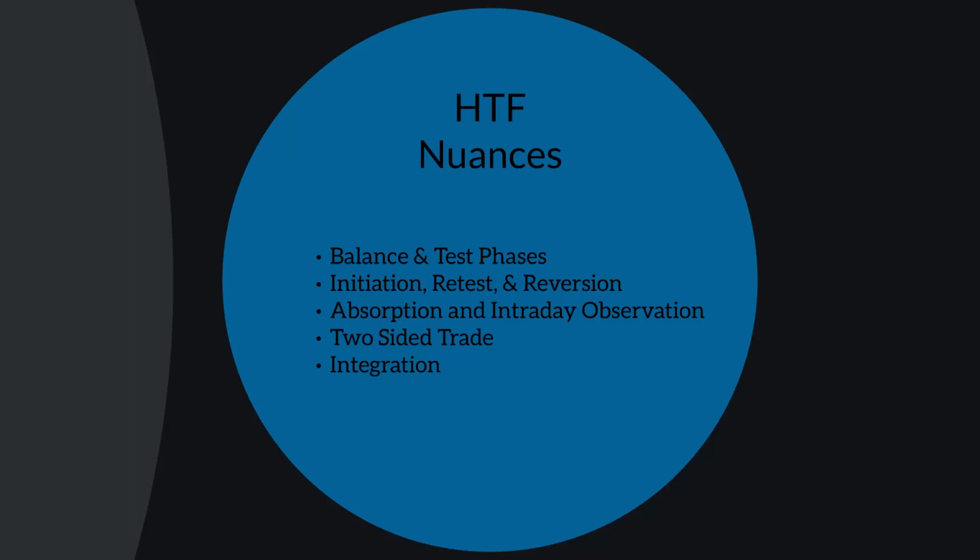So during absorption, an imbalance in the book may occur as the aggressive market orders overwhelm the resting limit orders. Okay, this can lead to a temporary pause in that price movement and potentially a reversal if the absorption then begins to initiate. So the key component here is, are we initiating out of the zone of absorption? On the volume profile alone, it can be identified as a prominent high volume node where significant trade activity has taken place.